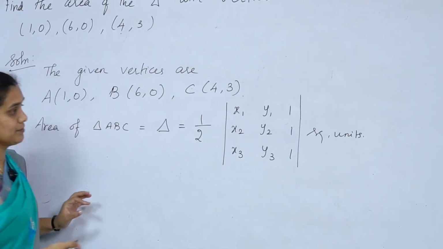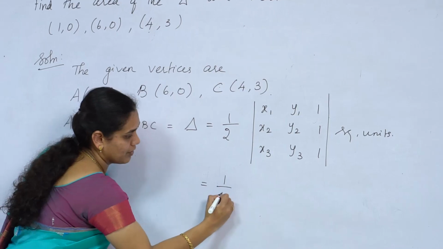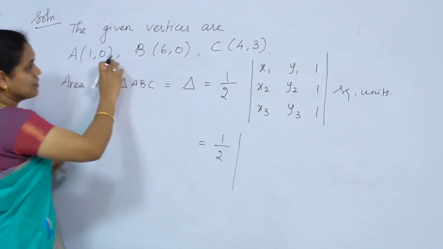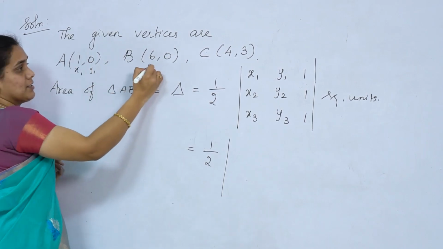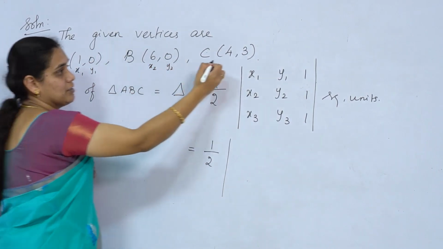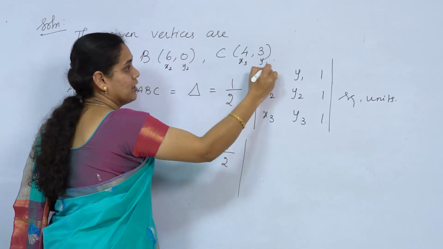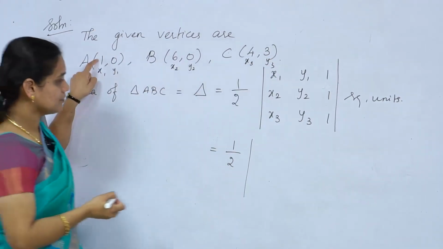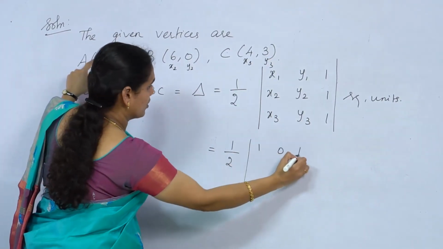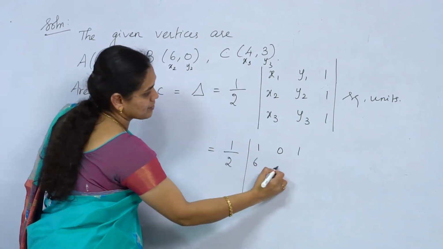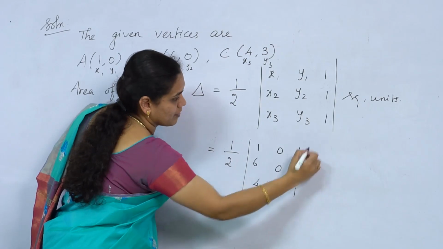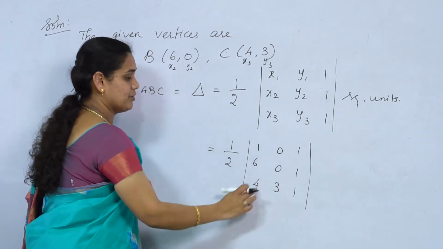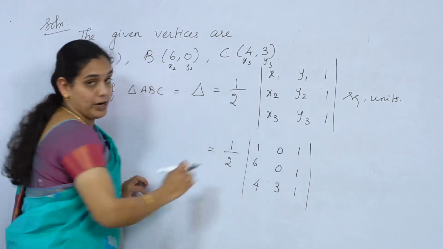Units are important. Then half into, the given vertices, we will take as x1, y1, x2, y2, and x3, y3. Let us substitute this: 1, 0, 1, and here 6, 0, 1, and this is 4, 3, 1.